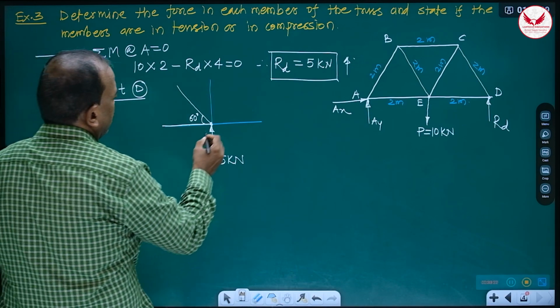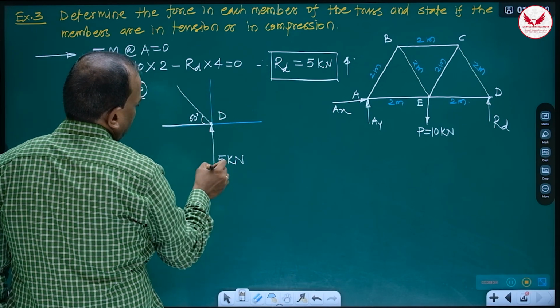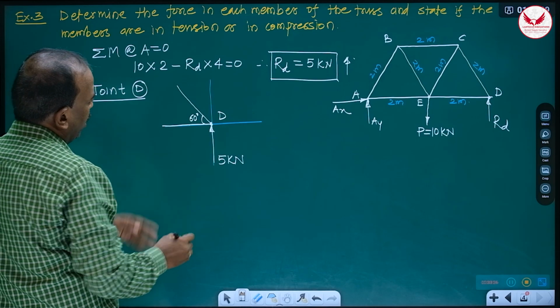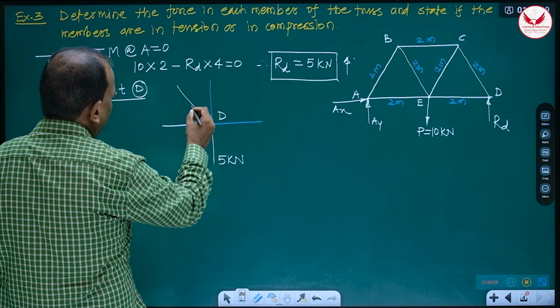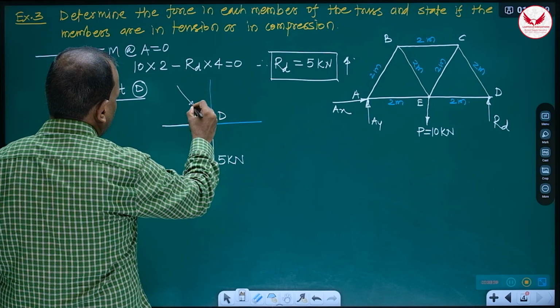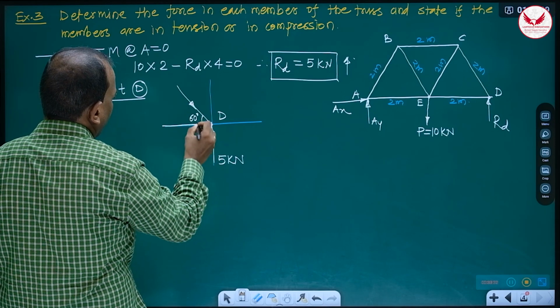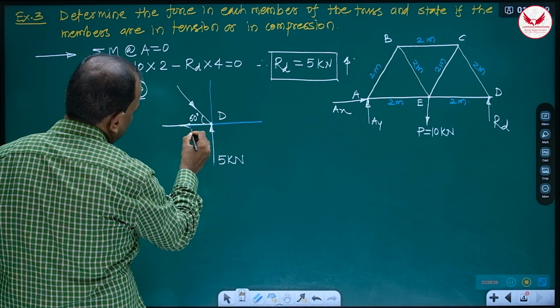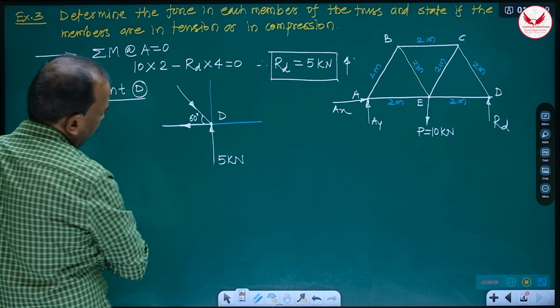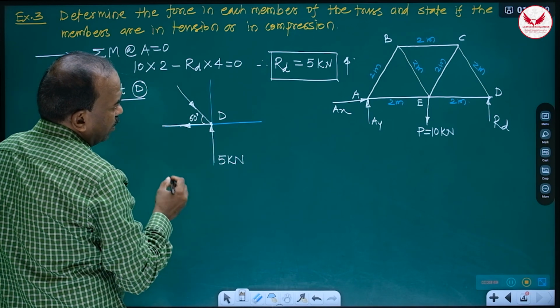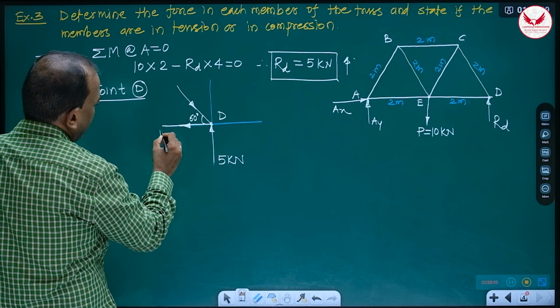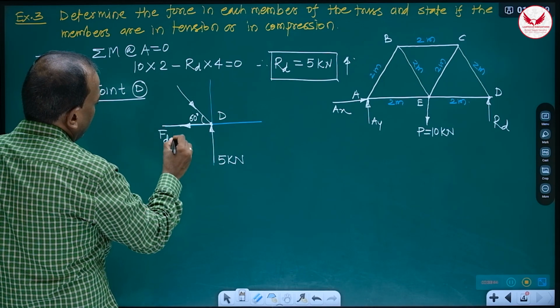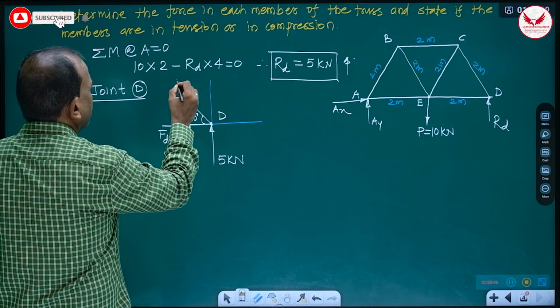Then joint is D. One known force is there upward, so this cannot be downward, so this should be downward. That means it is compressive. It is towards right. This cannot be towards left. This is towards left. So this is the proper way of choosing the perfect directions. So it is FDE and this is FCD.